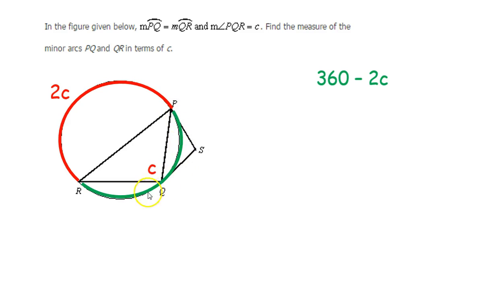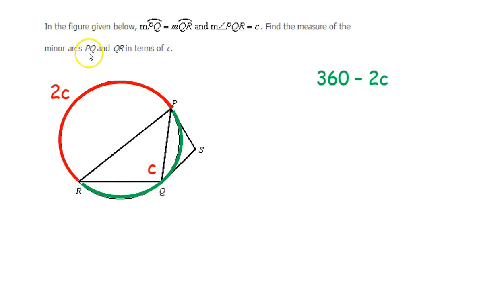The green arc here, which is PQ and QR, has to add up to 360 with this red arc here, because the whole circle is now accounted for. So this green arc has to be equal to 360, because there are 360 degrees in the entire circle, minus 2C, because we don't need the red arc. We just want to know the measures of these two. So this value right here, 360 minus 2C, is equal to these two arcs put together, PQ and QR.